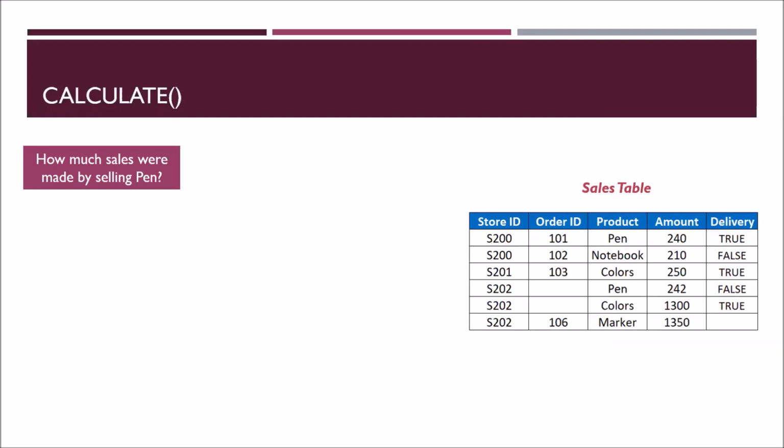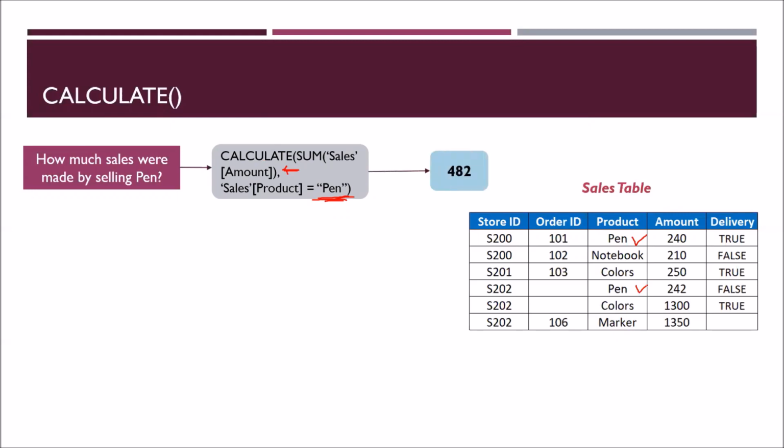Here I can use a CALCULATE function in this way, wherein pen is my filtering condition, and I have to add up my amount column. Since there are two rows where product is pen, this is the first row and this is the second row, the outcome will be 482.